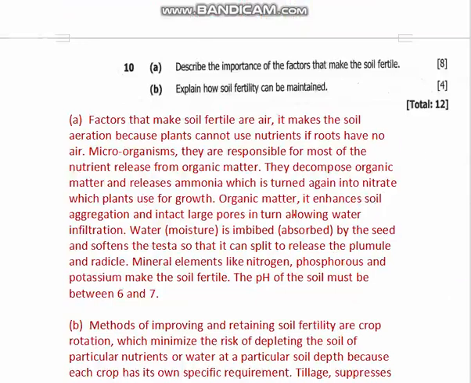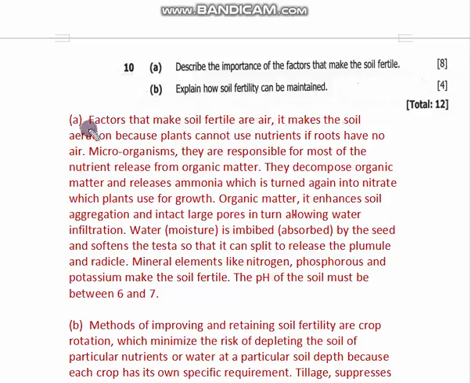Question 10 reads, 10A, describe the importance of the factors that make the soil fertile, which is 8 marks. So factors that make soil fertile are air.